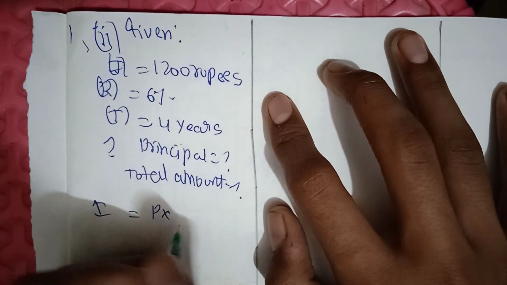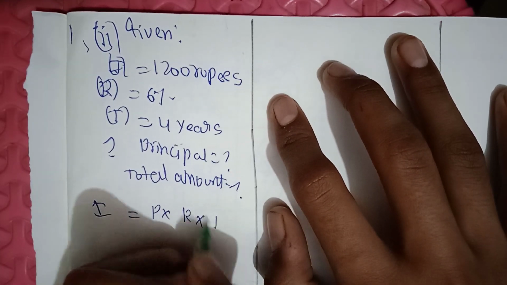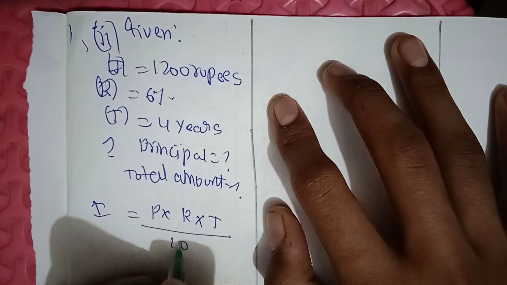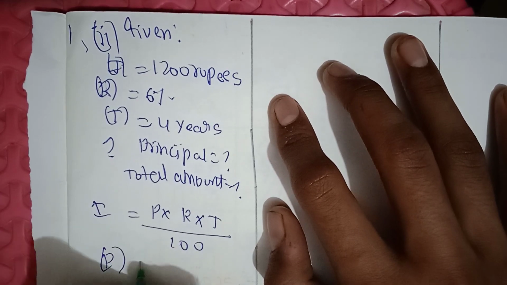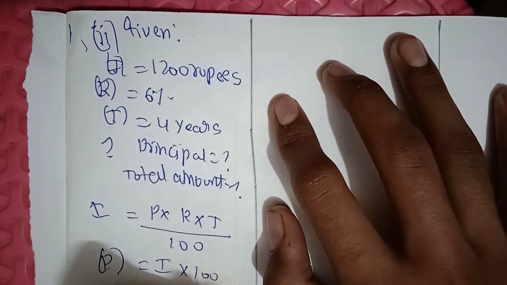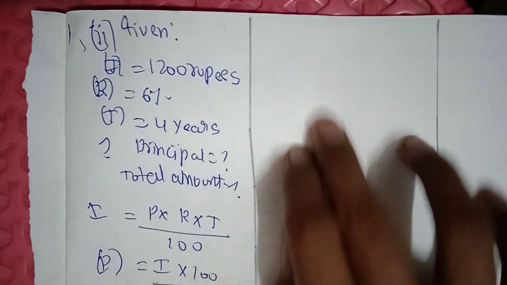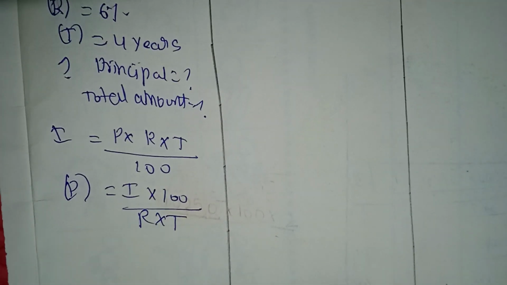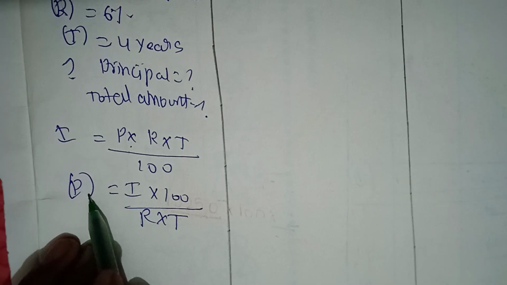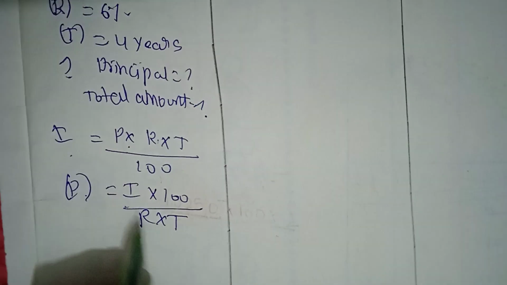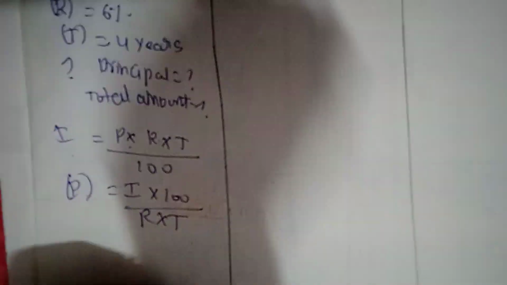Interest is equal to principal into rate of interest into time upon 100. So P is equal to I into 100 upon R into T. So what we have done is rearranged this formula. As we have to find the principal, we have put the principal here. I and 100 will go up, R and T will go down.